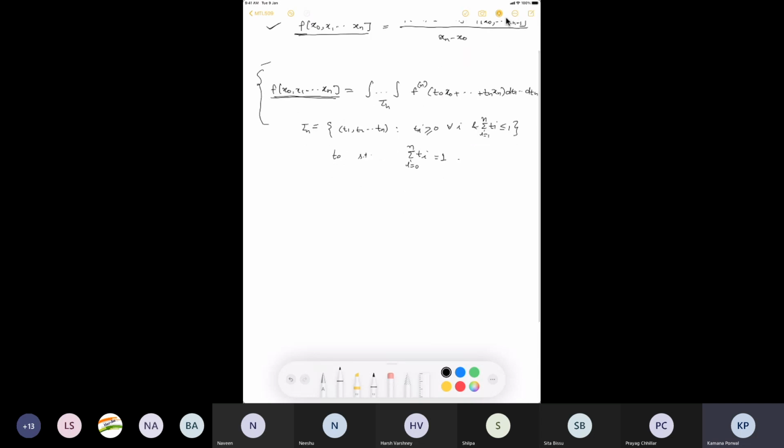But once we have this result, you can use it as another characterization of your nth order divided differences, okay?